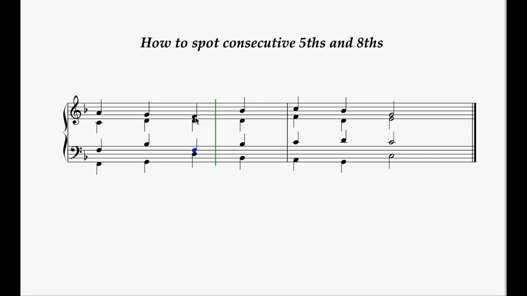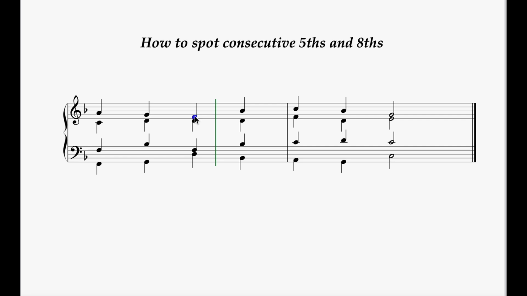Now, what is the interval distance between them? It doesn't matter that they stepped the same way, it's what interval they are that determines whether it's right or wrong. Okay, the tenor is an F and the soprano is an F. Well, wait a minute, that's an octave. Uh-oh, we're in big trouble.